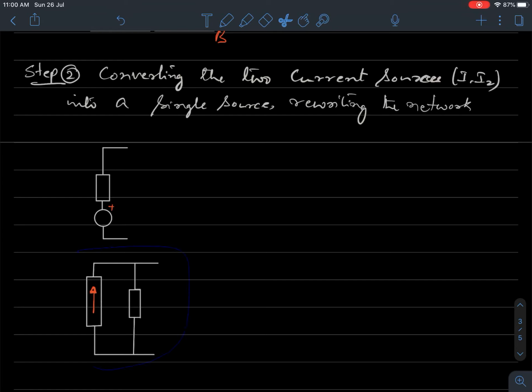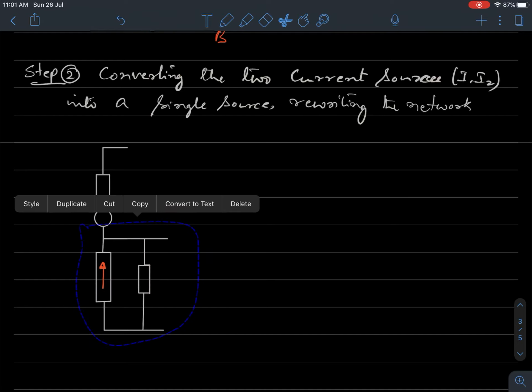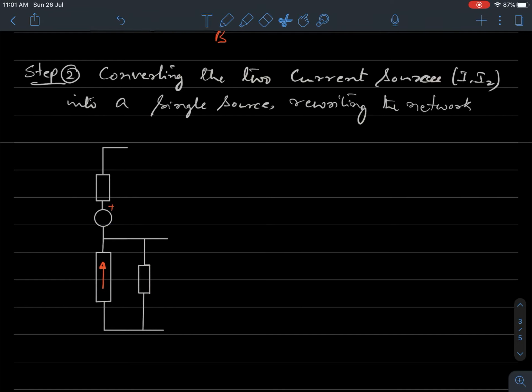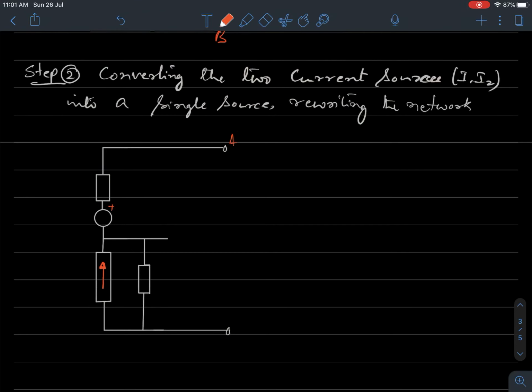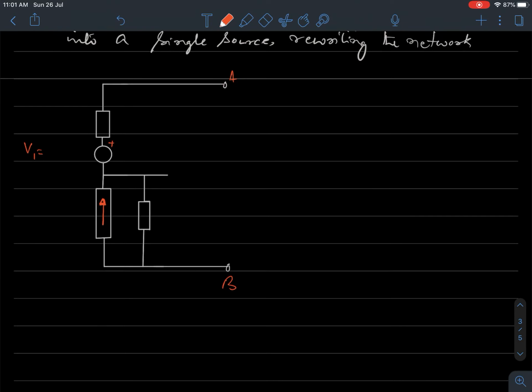Okay, all right. So what I'm trying to do now is I have converted that source into one single current source. This is my A and this is my B. The source as it is, we have called it V1, right?